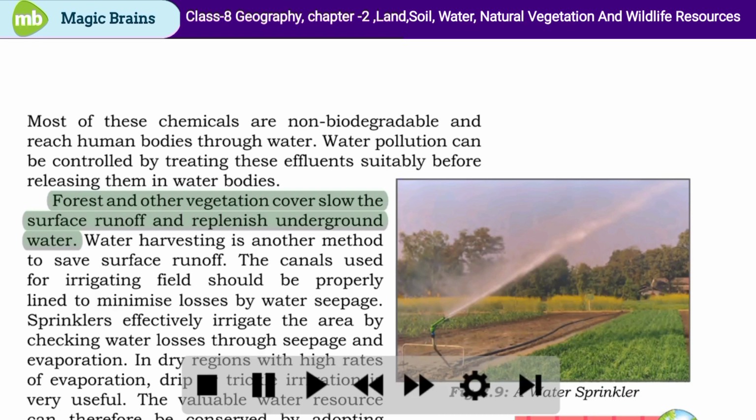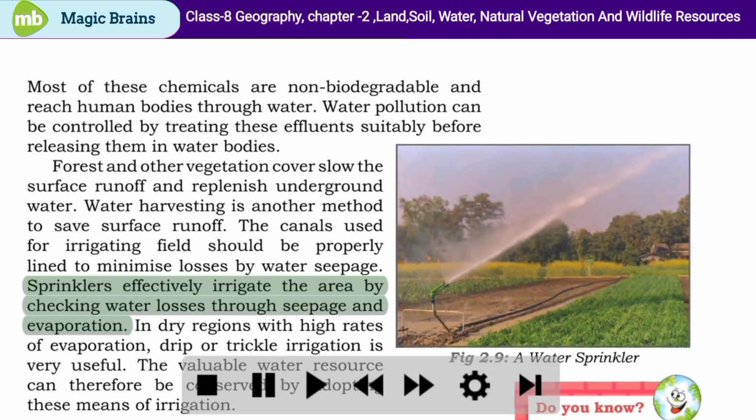Forest and other vegetation cover slow the surface runoff and replenish underground water. Water harvesting is another method to save surface runoff. The canals used for irrigating fields should be properly lined to minimize losses by water seepage.